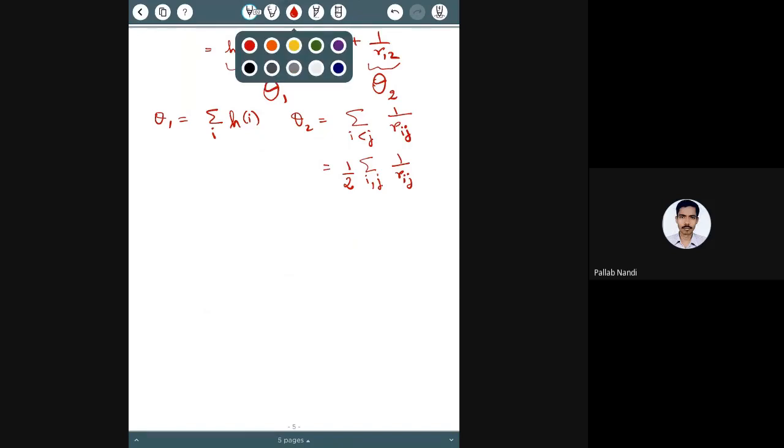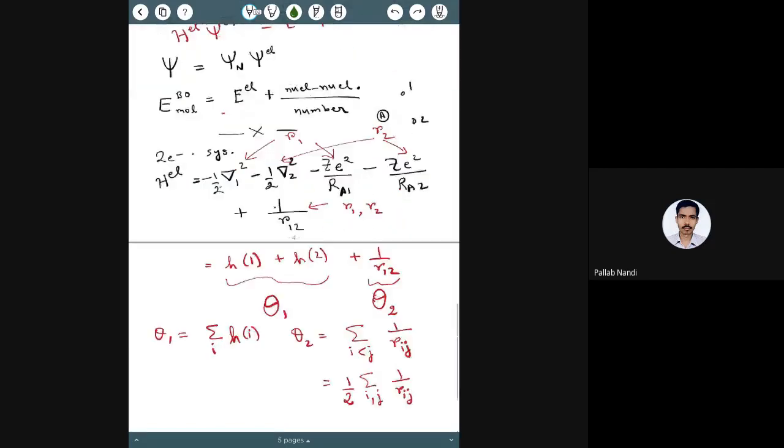One question. The first grad 1 square depends on just small r1, and is capital R also included? In the electronic Hamiltonian, why also just small r1? Oh, this one you mean?